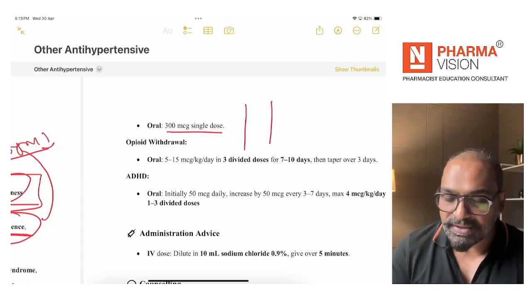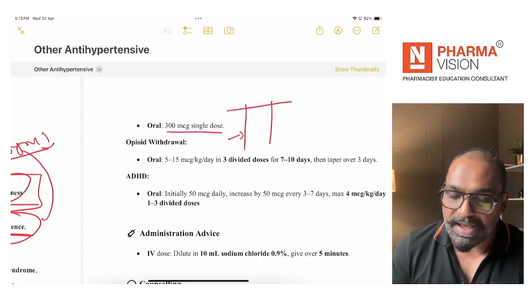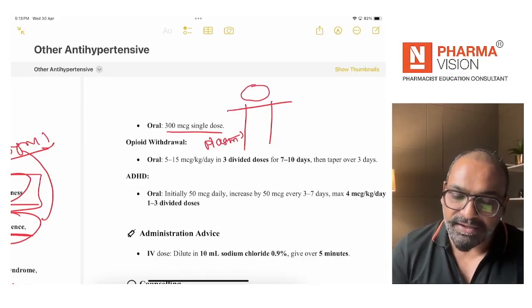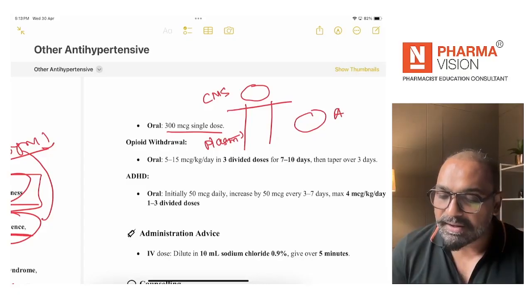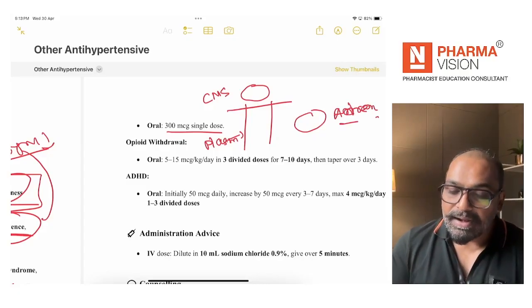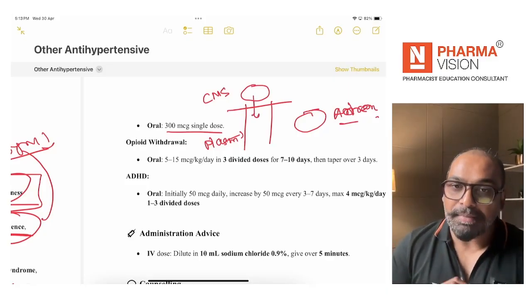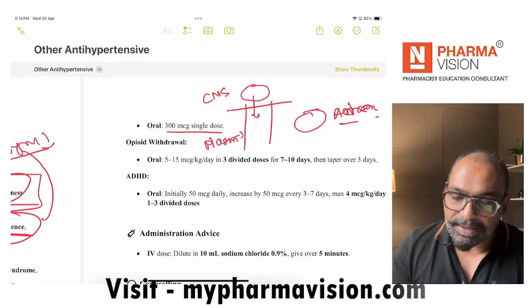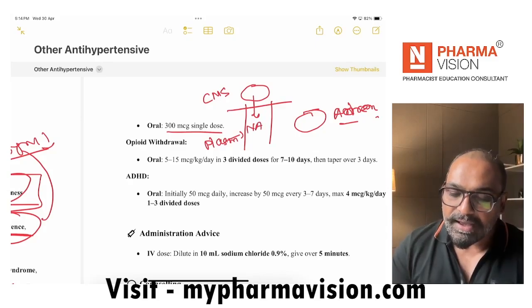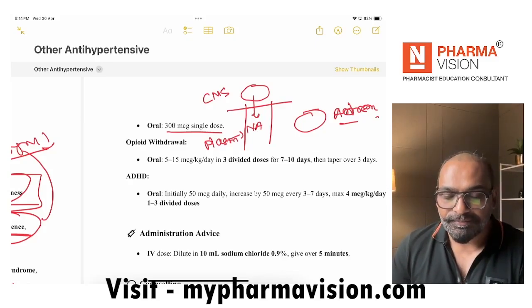This is your plasma. This is your central nervous system. This is your adrenal gland. Now, normally, catecholamines or sympathetic substances like noradrenaline are released from the central source.